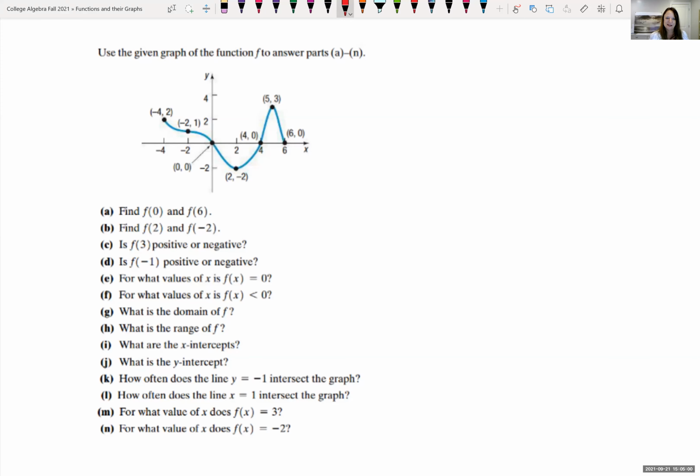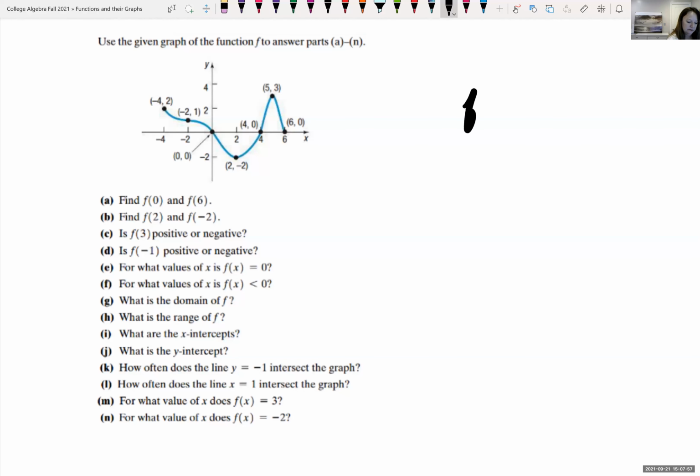What this is saying is our x value is 0, and we want to find out what is y. So when x equals 0, our y value here is also 0. And so y is 0.